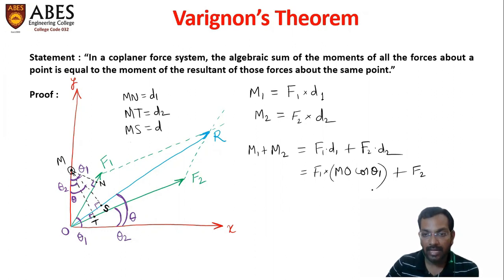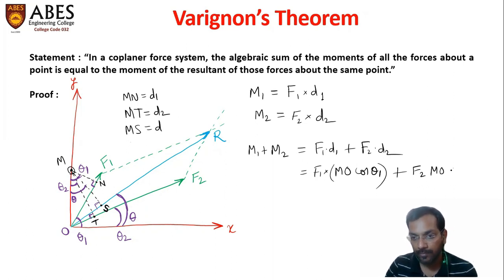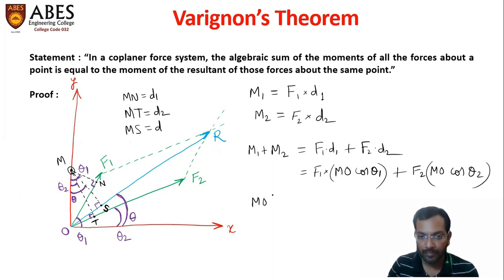So D2 can be written as MO cos theta 2. Now in this expression, clearly MO is common. It becomes F1 cos theta 1 plus F2 cos theta 2.